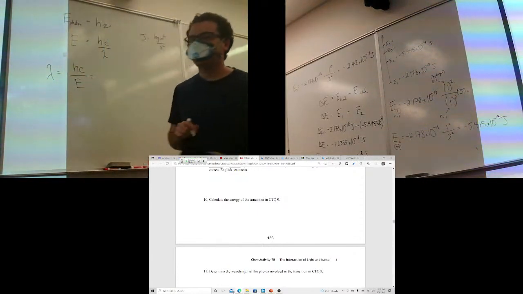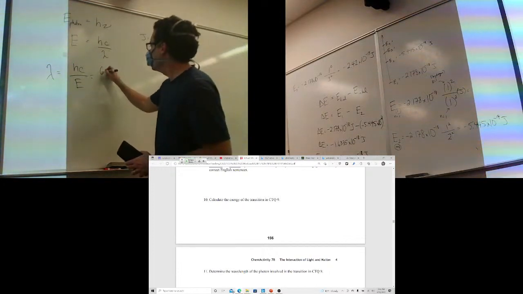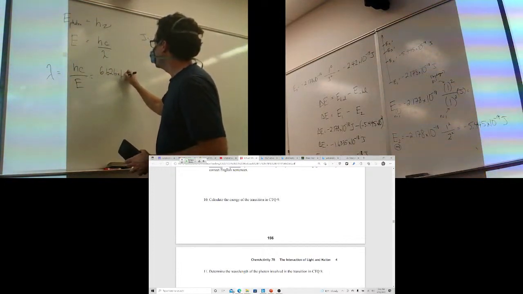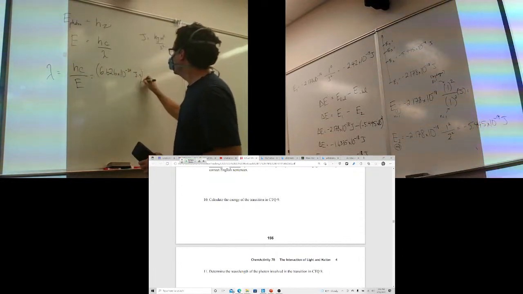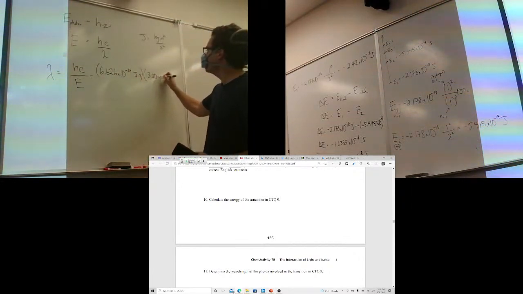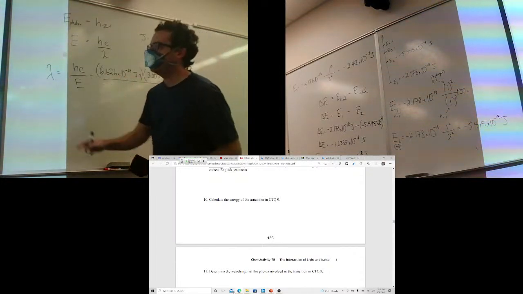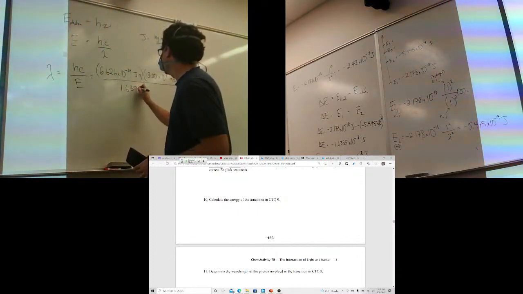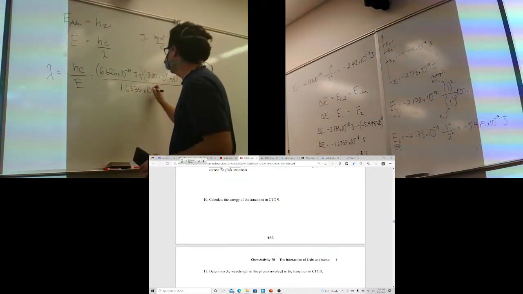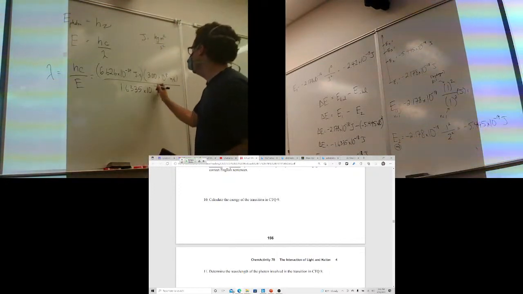Planck's constant times the speed of light divided by energy. 6.626 times 10 to the minus 34 joule seconds. Speed of light is 3.00 times 10 to the 8 meters per second. Divided by that energy, 1.6335 times 10 to the minus 18.